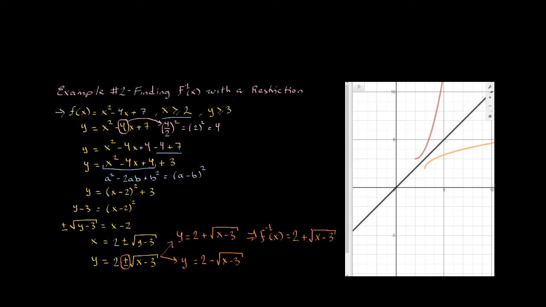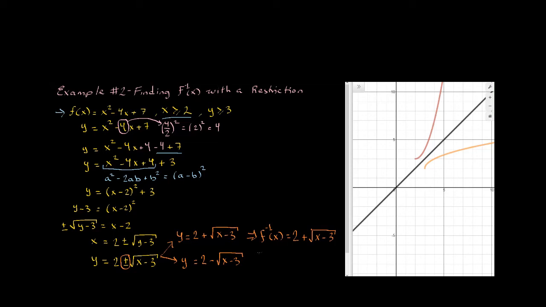Now I want to do something extra here. I want to show you, starting from the graph, what's going on with the domain and codomain, the values of x and y for this f inverse of x. Notice something: all the values of x are after the number 3.